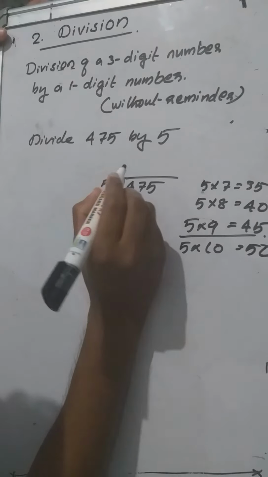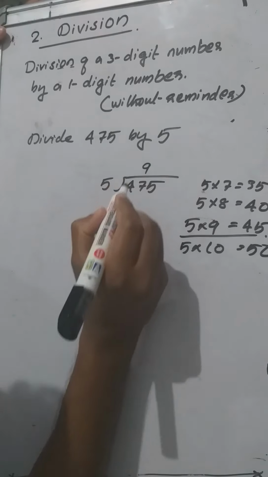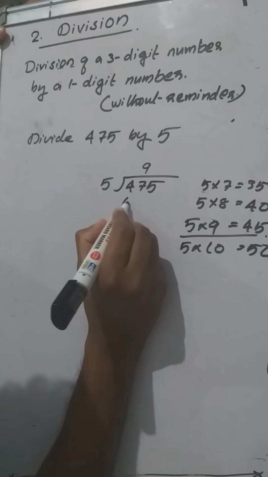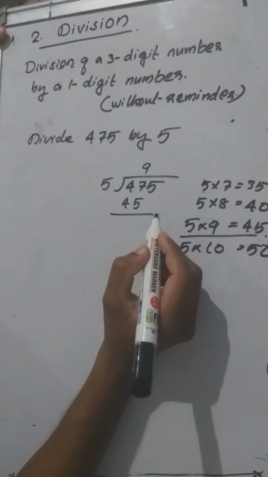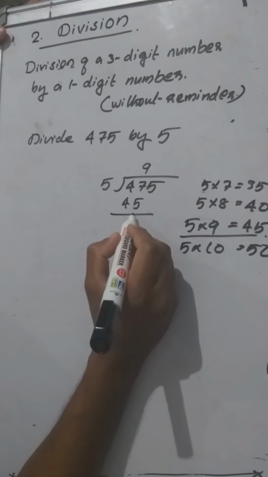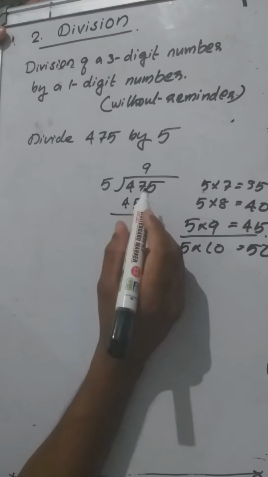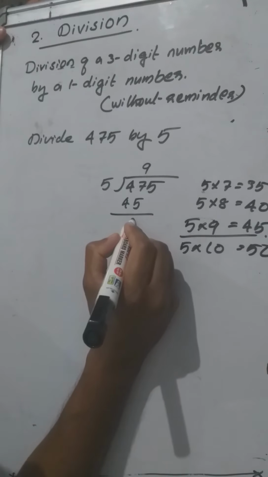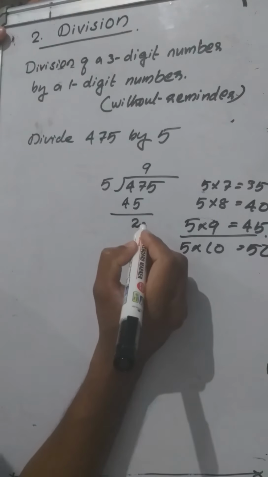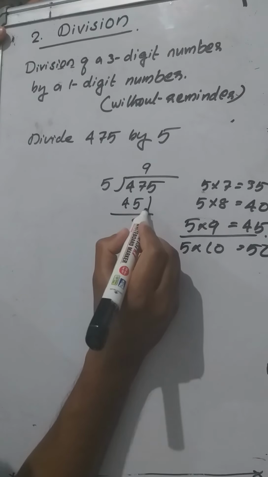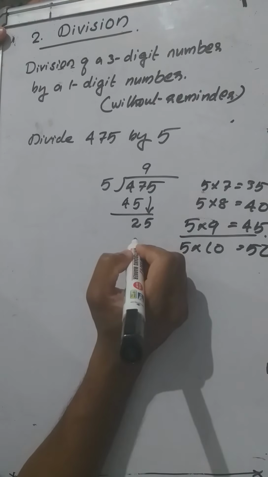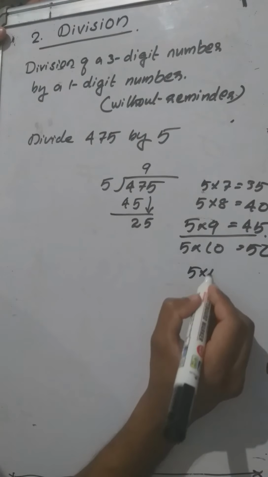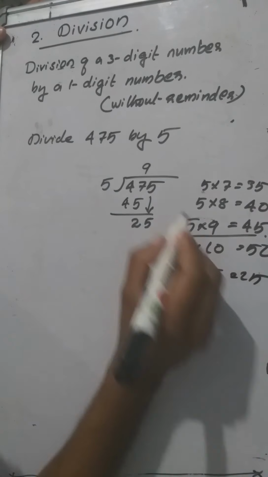So we have to write 5 9s are 45 and 45 subtracted from 47. What is it? 2. 47 minus 45 is equal to 2. And we write this 5 here. So 25. How many 5s are in 25? 5 5s are 25.